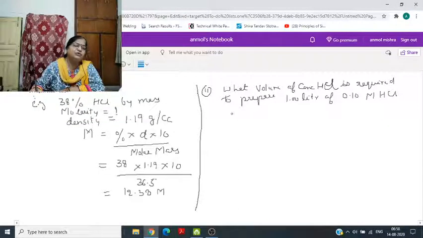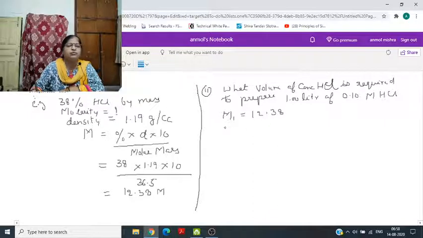You have calculated the molarity of the HCl solution previously in the first part. So M1 is 12.38, and the volume we have to calculate. M2 is given as 0.10 m and the volume is 1 liter.